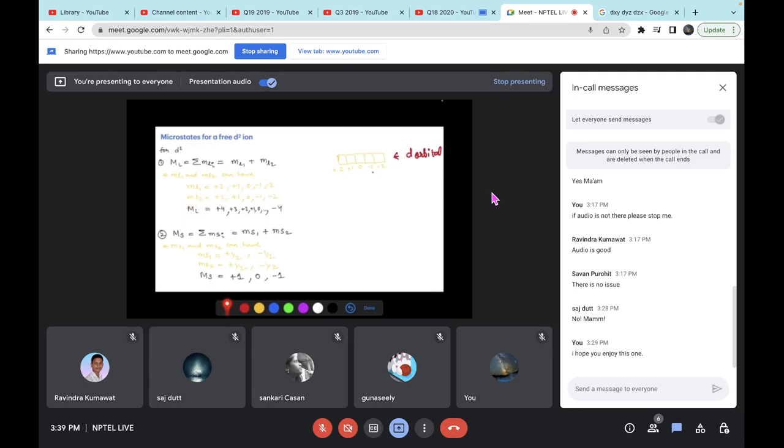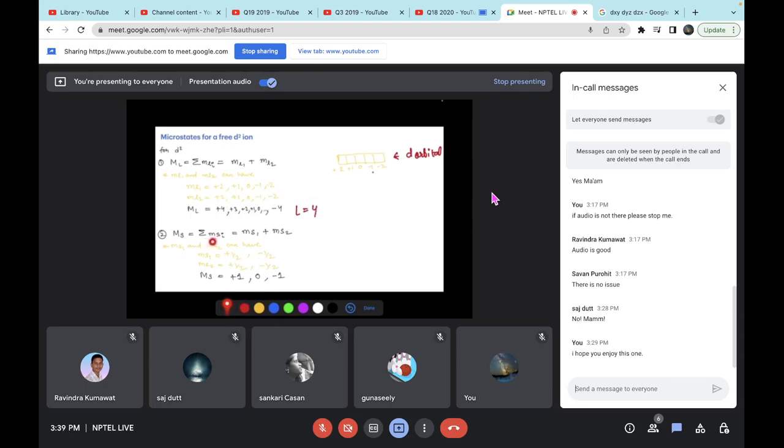So for ML, the summation goes from plus 4 to minus 4. The maximum value of ML is plus 4, so my L is 4 here, correct?